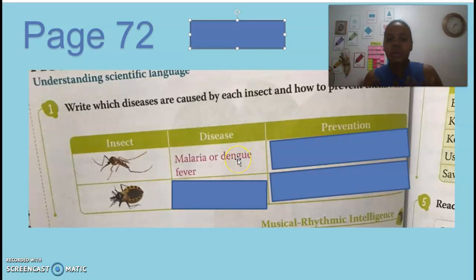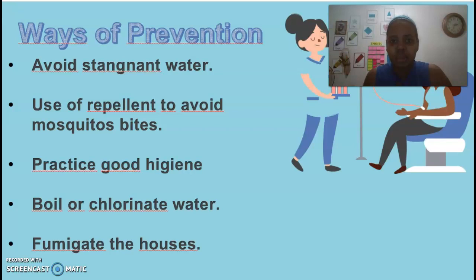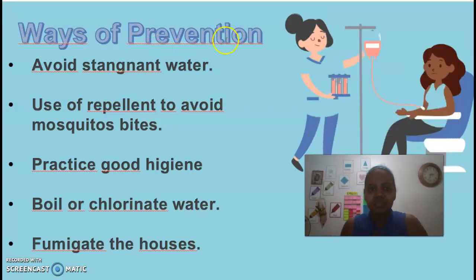And which is the way of prevention that we can have in order to prevent those diseases? Remember the ways of prevention? Here I have it. Avoid stagnant water is one way of prevention. Use of repellent to avoid mosquitoes' bites. Practice good hygiene.